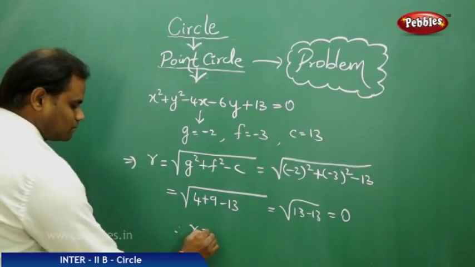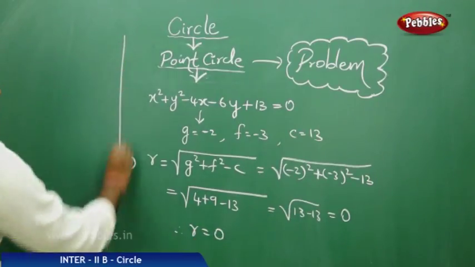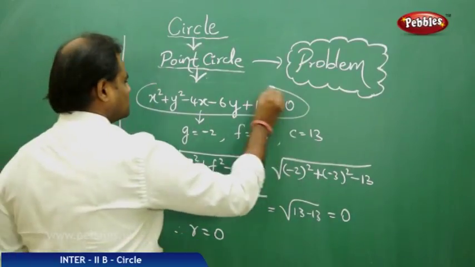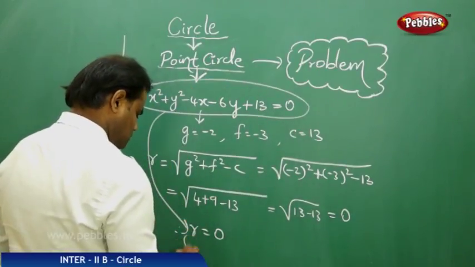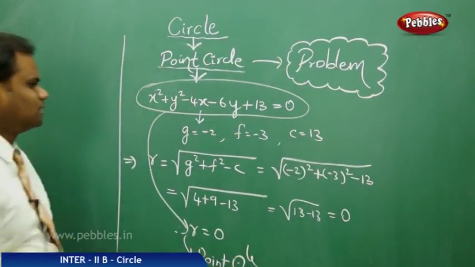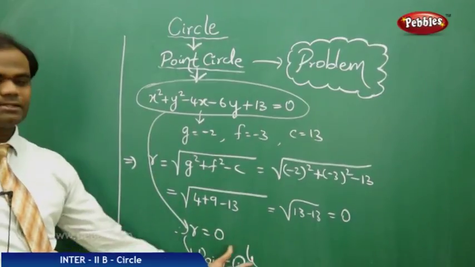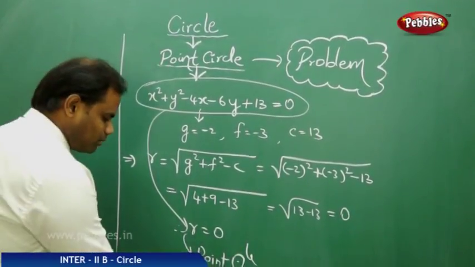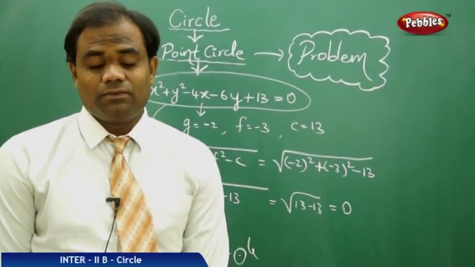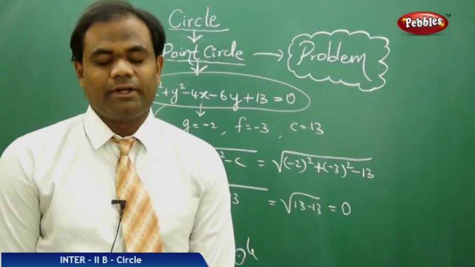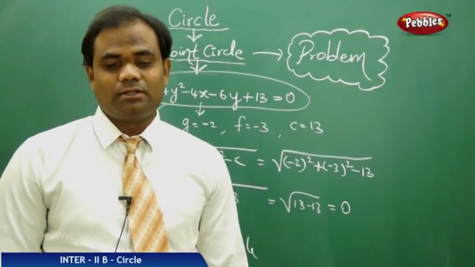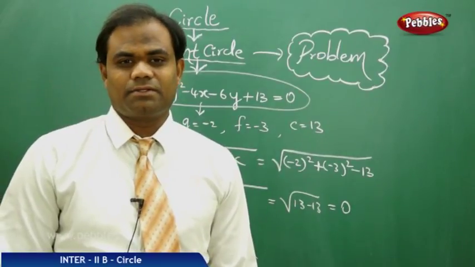Therefore, radius equal to 0, and this is called a point circle. Now this with radius 0 implies the circle is a point circle, a circle with radius equal to 0 units, reduces to a point, and that point is called a point circle with least radius.